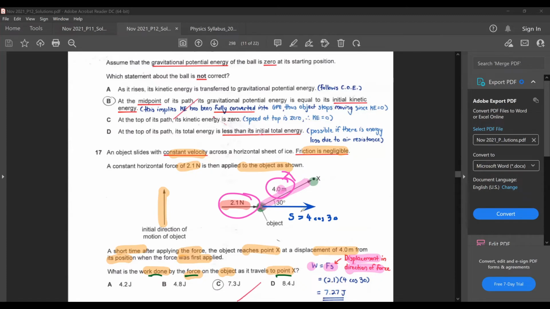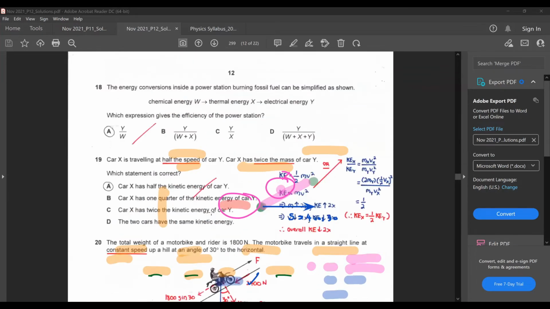This is the distance in the direction of the force. So your force is 2.1, your displacement in the direction of force is 4 cos 30. Multiply them together, you're going to get 7.27 joules. To 2 significant figures, that is 7.3 joules. So answer is C. This one is pretty straightforward.